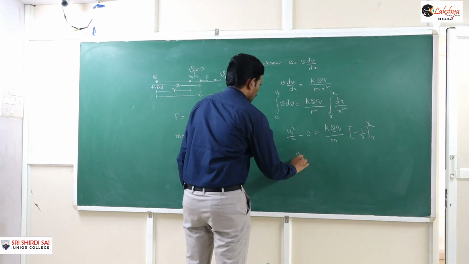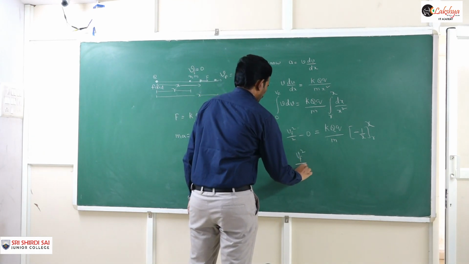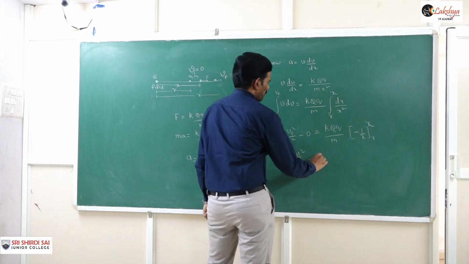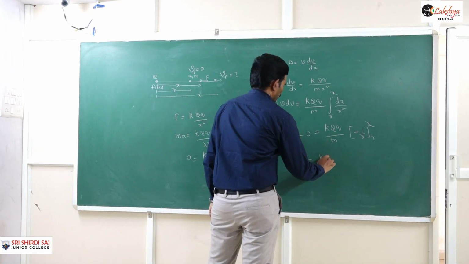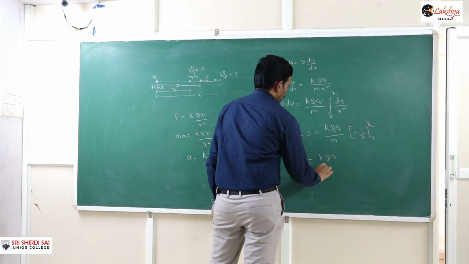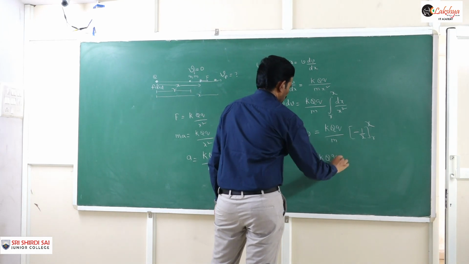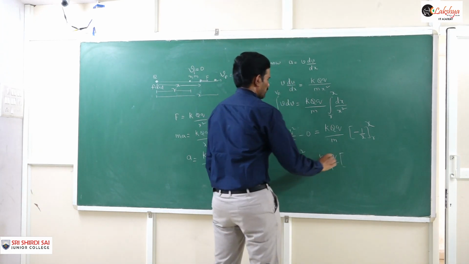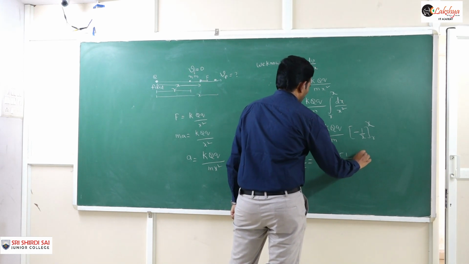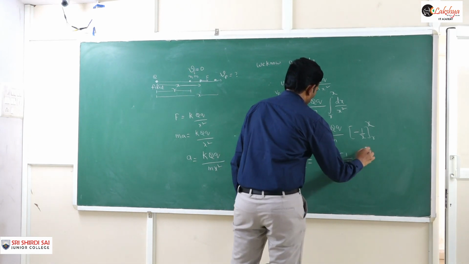Therefore vf square by 2 is equal to kQq by m into, if I substitute these limits, 1 by r minus 1 by x, because of the negative sign.